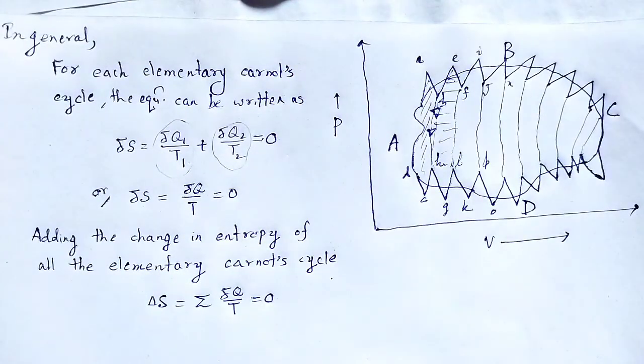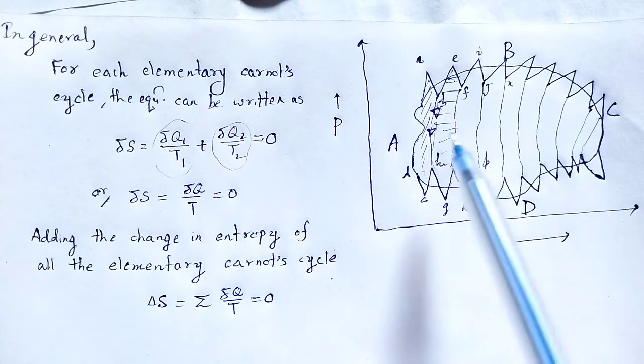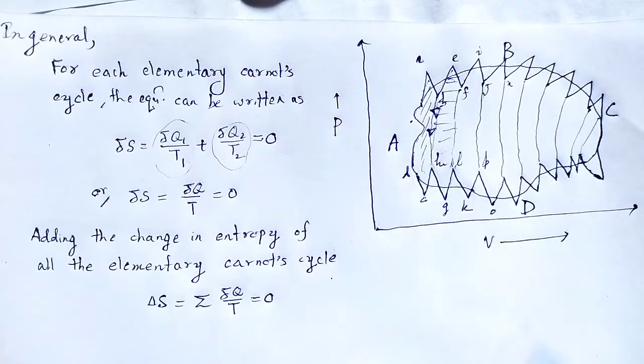If all the elementary Carnot cycles are close to each other, then the zigzag path will coincide with the smooth curve A, B, C, D.